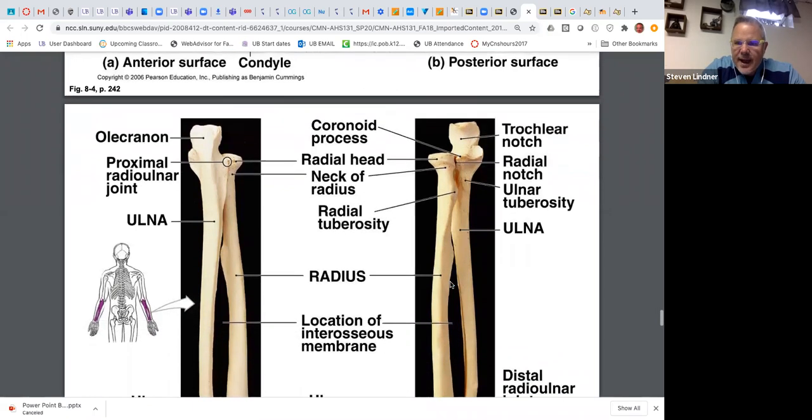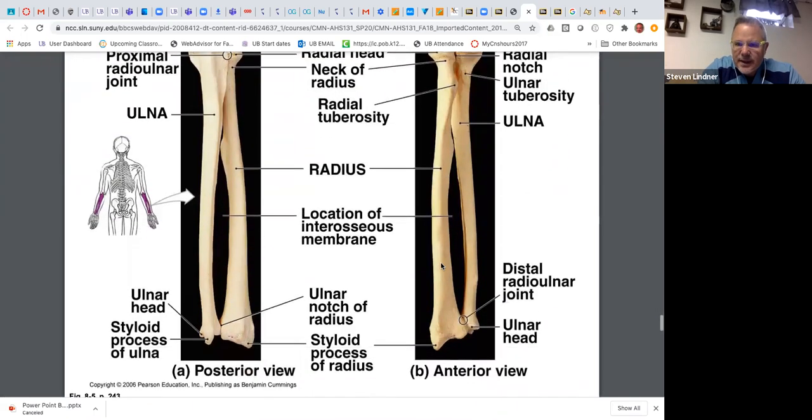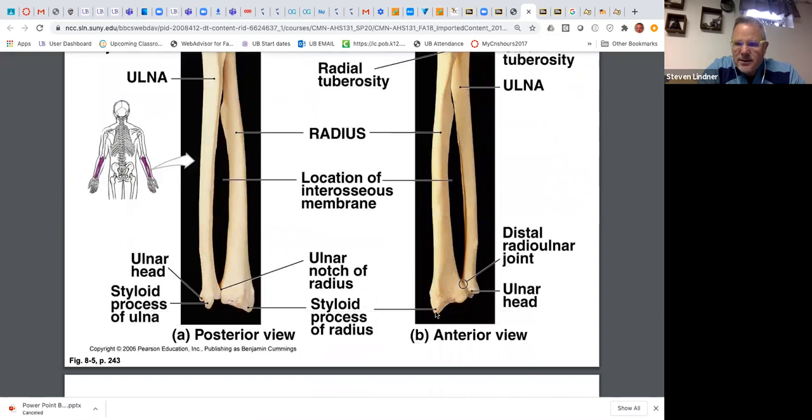As we move down the shaft of the radius, we get to the very end of the radius called the styloid process or radial styloid. On an exam, if it's asked, both are acceptable. Radial styloid is shorter. If you want to put styloid process of the radius, you can. There is a radial styloid, and then there is an ulnar styloid.